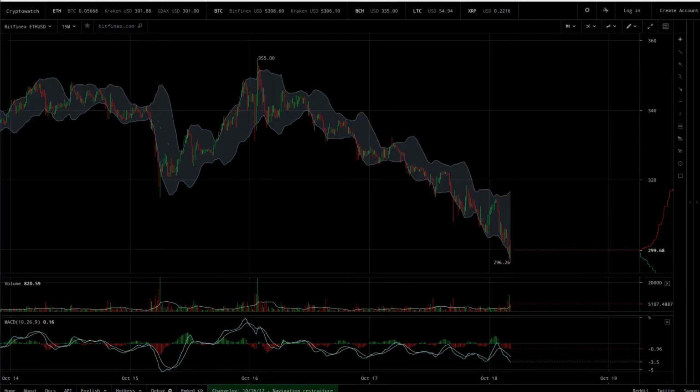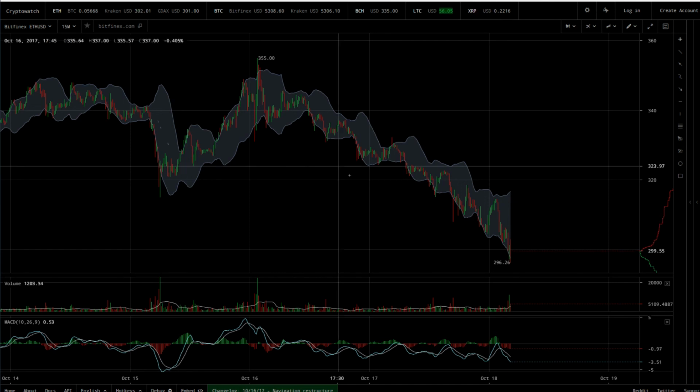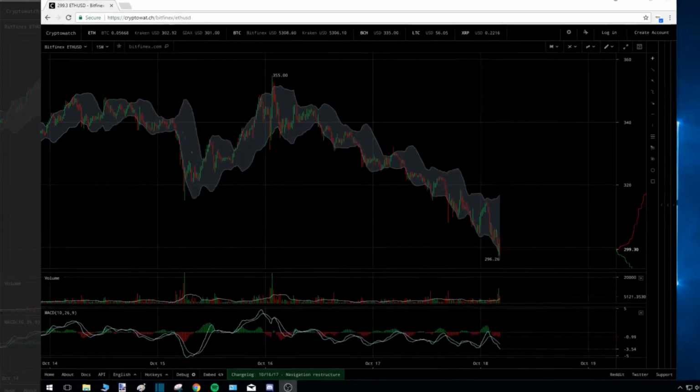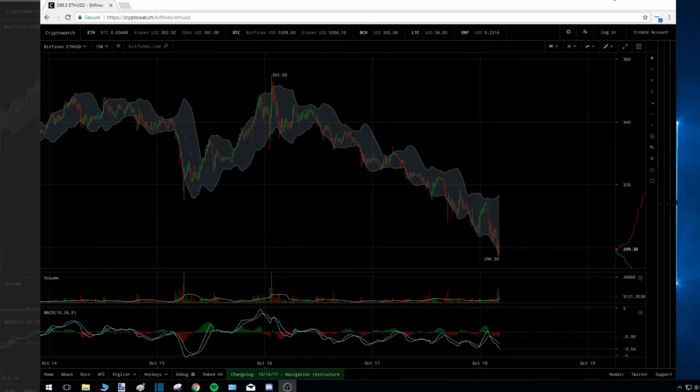Okay, so let's just go ahead and recap what we went over. So the MACD is an oscillator that measures momentum in the market. It lets you know the strength of a move. If the market is moving upward and it's continuing to make new highs, we'd like to see the MACD also making new highs.